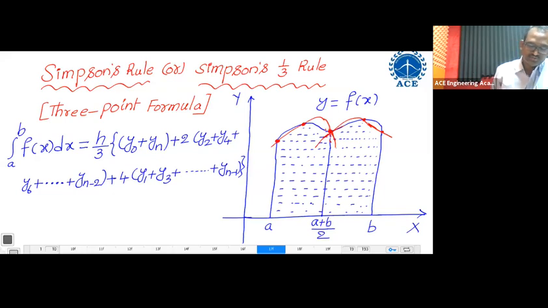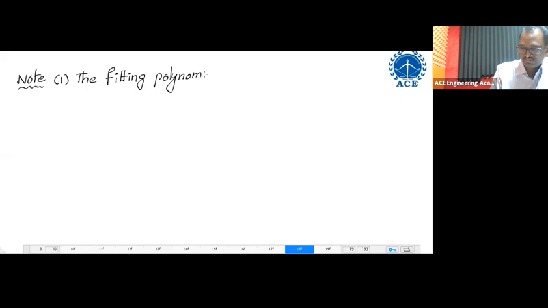Note. What is the fitting polynomial? Fitting polynomial means fitting curve. The fitting polynomial is a parabola.